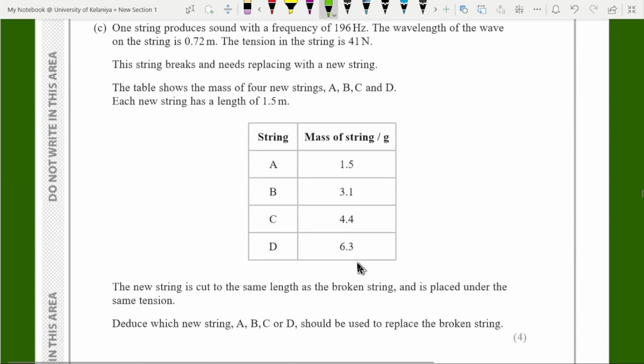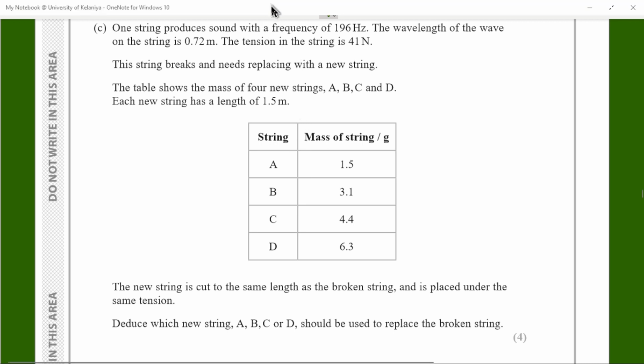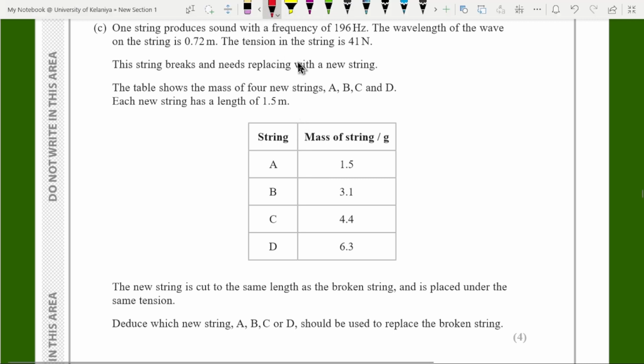In part C, one string produces sound with a frequency of 196 hertz. The wavelength of the wave on the string is 0.72 meter. The tension in the string is 41 newton. This string breaks and needs replacing with a new string.